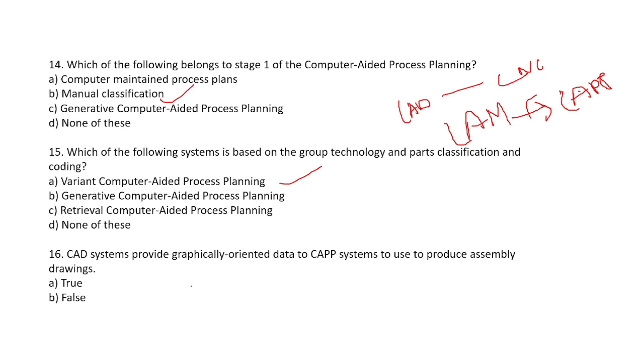Then the next one: the CAD system provides graphically oriented data to the computer aided process planning system to produce assembly drawings, right? If we write these things, it is design knowledge, that is CAD, or a 3D CAD modeler.